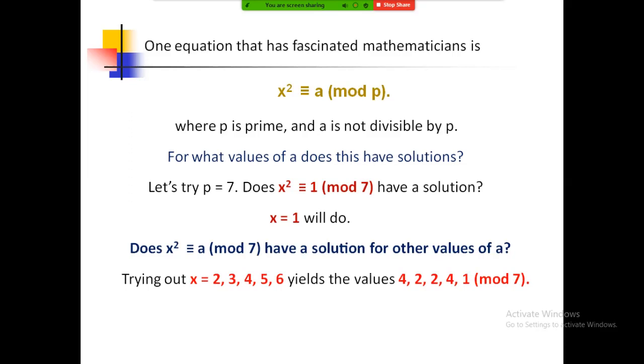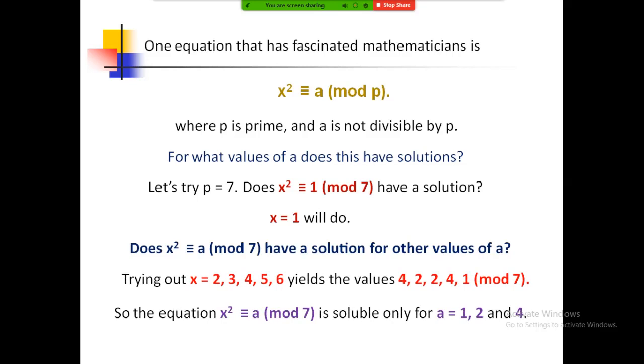Trying x equal to 2, 3, 4, 5, 6 yields the values 4, 2, 2, 4, 1 mod 7. So the equation x square congruent to A mod 7 is solvable only for A equal to 1, 2 and 4.